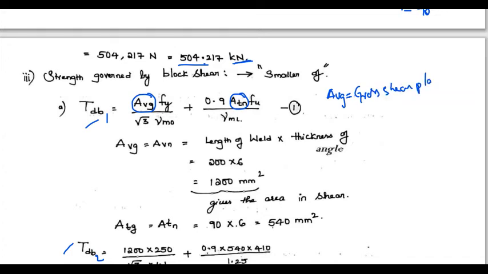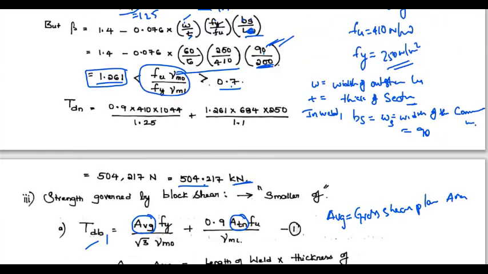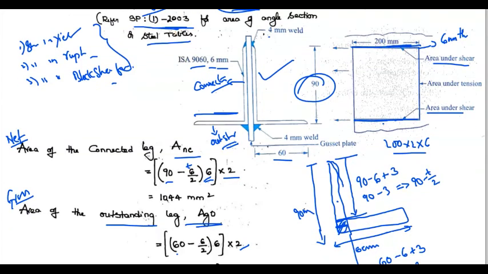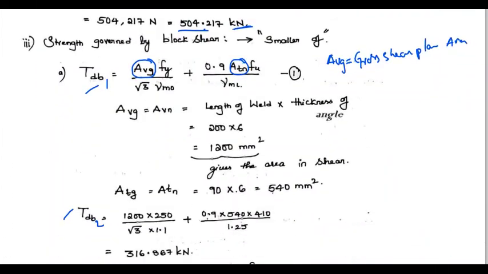Let me show you this figure which we have seen earlier. This is the shear plane, and this is the shear plane. What is the length of the shear plane? 200 into 2 plus 200. To find the area of the shear plane, what is the thickness of this section? 6 mm. So 200 into 2 into 6 will give you the area of the shear plane.